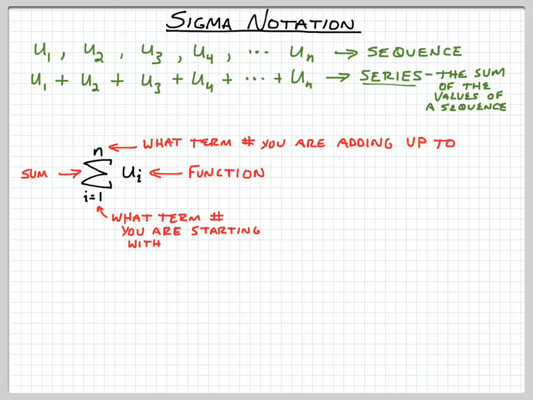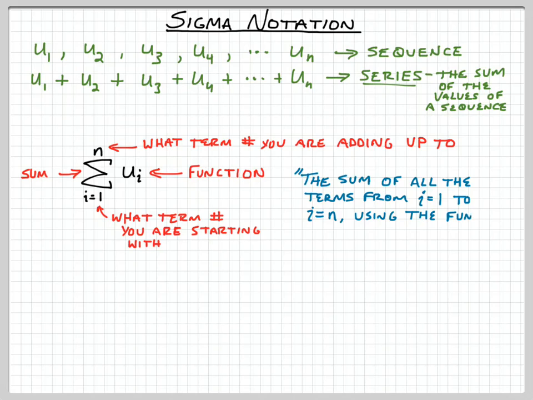To summarize in a sentence, it's the sum of all of the terms from i equals 1 to i equals n, using the function u of i. This is the way that we read this sigma notation.